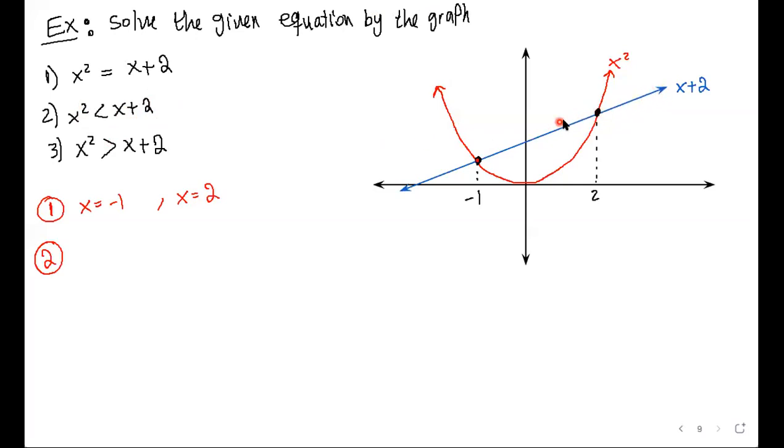So the blue one is above the red one, starting from this point, -1. Look, from -1, the blue curve is above the red curve, starting from -1 up to 2. In all these values, the blue curve is above the red curve.